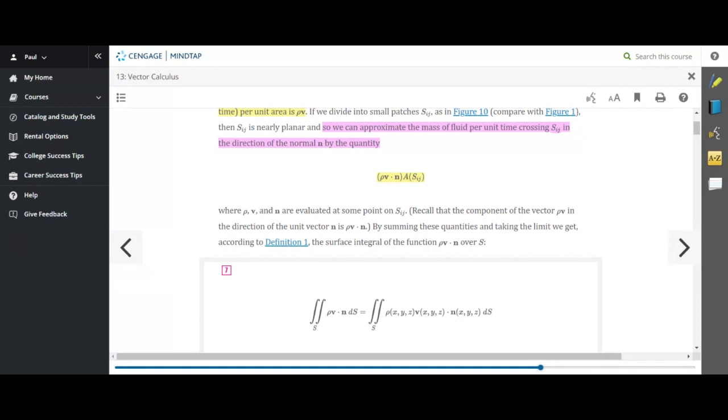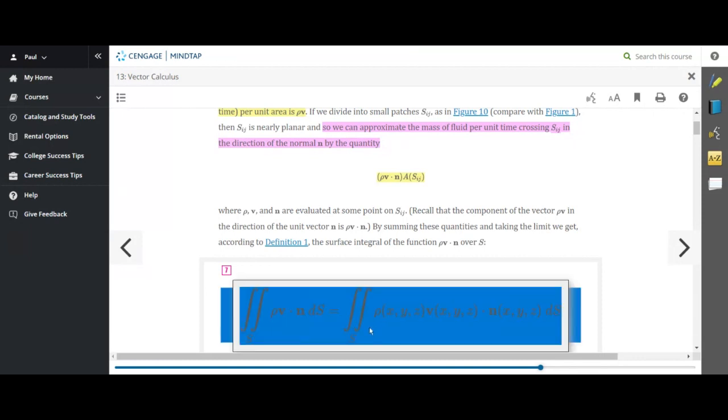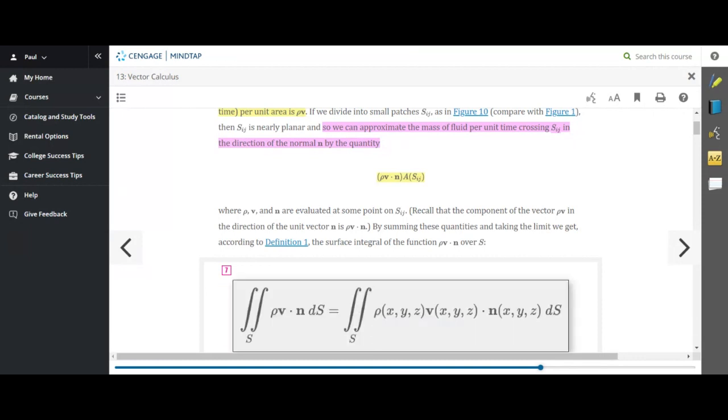Take the limit as m and n go to infinity, and now you end up with a surface integral. See that? The double integral over the surface of density times velocity dotted with the normal vector dS. It's a surface integral. So you can use the formulas to compute surface integrals. And again, I like formula 2.